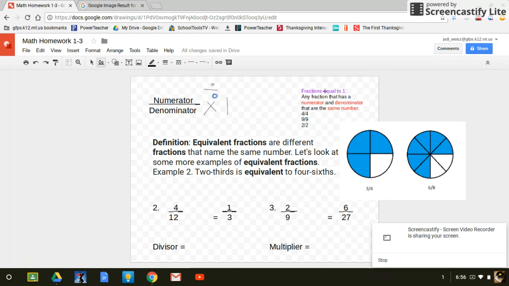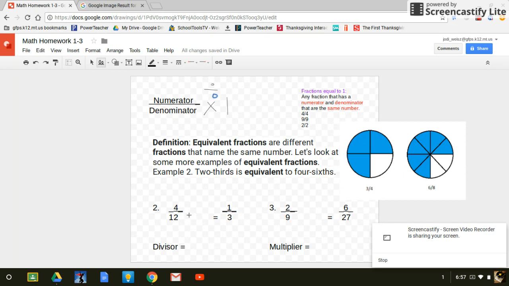In order to make this easier, we use another fraction in place of the 1 whole. The way that you can keep your fraction equal to 1 whole is by making sure that your numerator and your denominator are the exact same number. For instance, 4/4 is equal to 1 whole. 9/9 is equal to 1 whole, or 2/2 is equal to 1 whole.